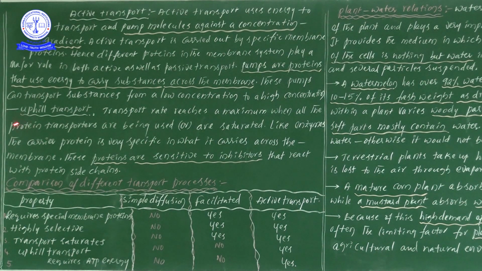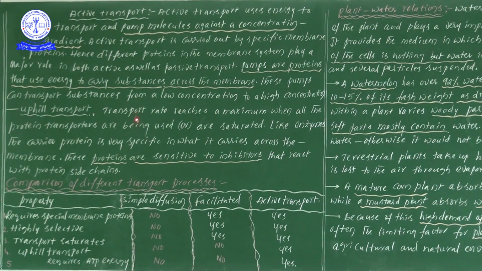Once you say uphill transport, it means the movement or transport of substances from low concentration to high concentration. For example, if ions are moving from low concentration to high concentration, such transport of substances we call uphill transport. Whether or not you write NEET examinations, you definitely have to remember these kinds of statements.